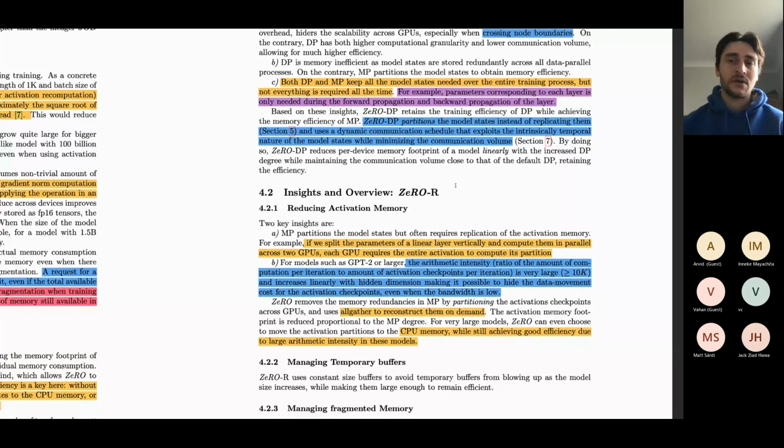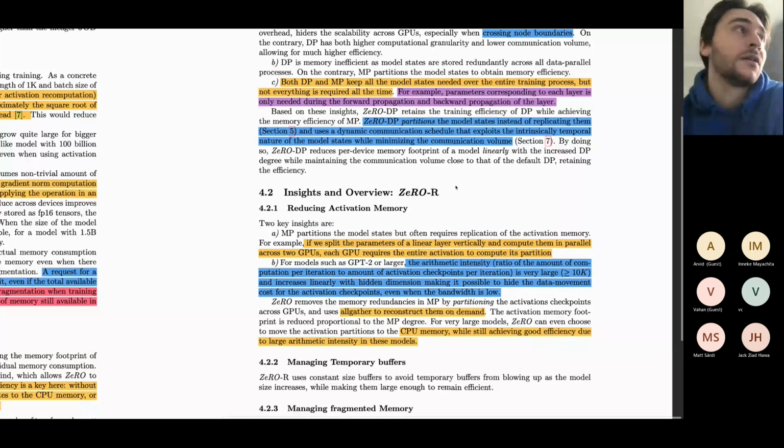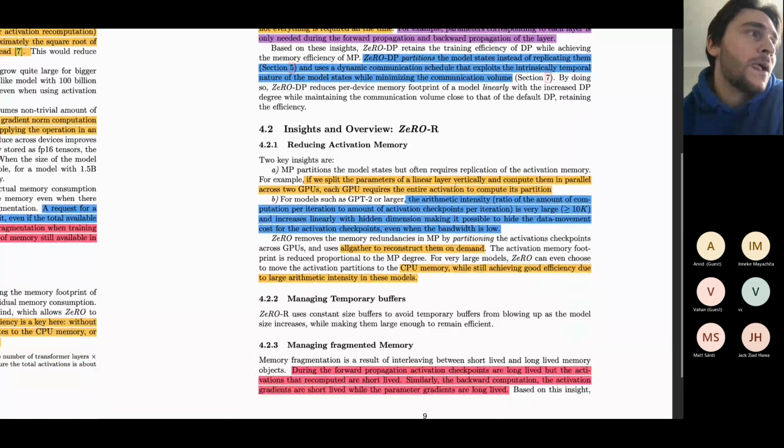They're doing data parallelism, but they're only requesting what they need from the model, the optimizer states, and the gradients at the time they need it on all of the GPUs. So you don't have to store everything all the time on all the GPUs. Instead they are stored on all of the GPUs, but in partitions that are much smaller, and then only requested by the other GPUs. That partition is only requested when it's needed. That's the key idea for ZeRO-DP.